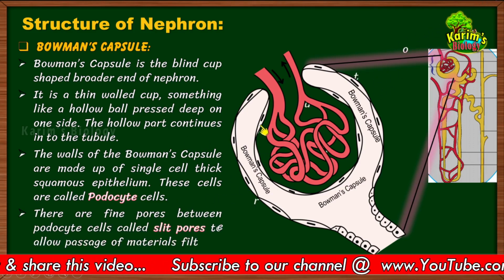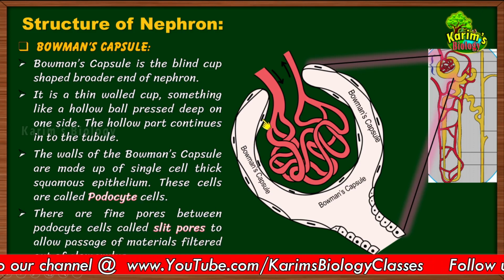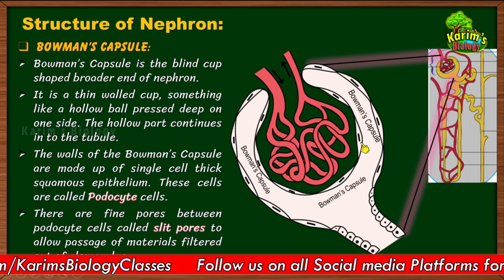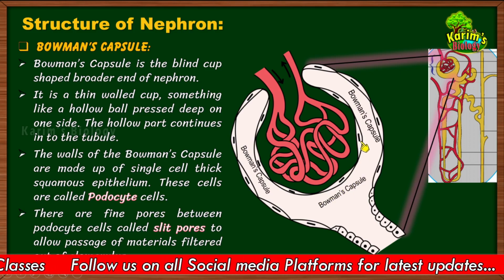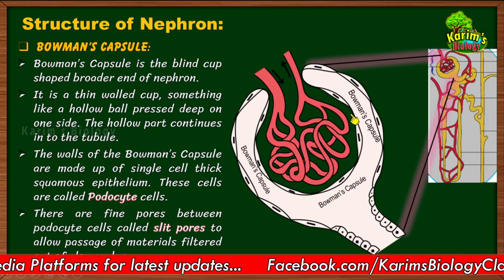Okay, and then look at the arrangement of these podocytes here. This is a podocyte here, there is another podocyte here, and like that there are multiple podocytes. But the point to be noted here is that between these podocytes there will be minute gaps.